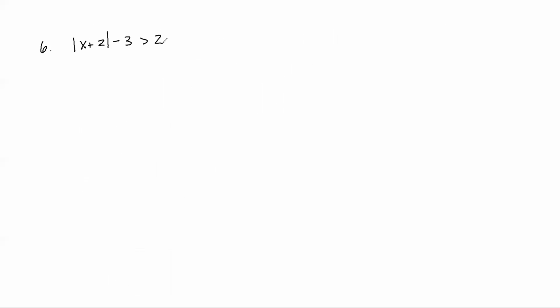So think back to the other problems where we had something else other than the absolute value on the left. First thing you want to do is get the absolute value alone. So whether it's an equal sign, if it's a less than or a greater than, always get the absolute value alone first. So let's add the 3. The absolute value of x plus 2 is greater than 5.